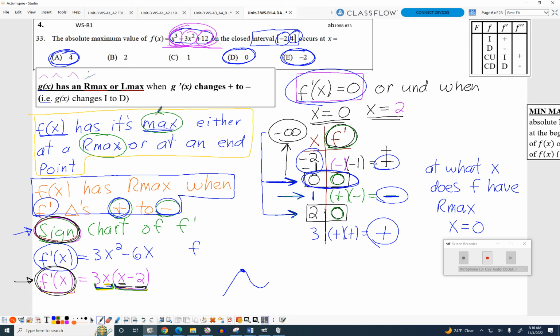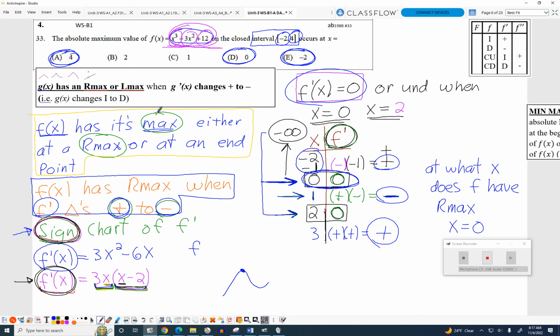So for the relative max, it is only switching from positive to negative. Because you said it could either be the endpoints or the relative max, would you do it based on the derivative where it goes from positive to negative to get that solid answer, or would it still be 4?